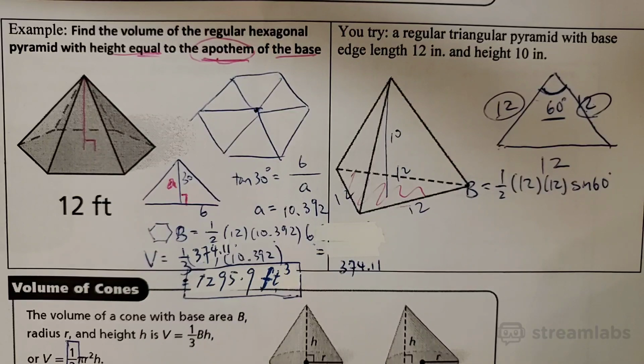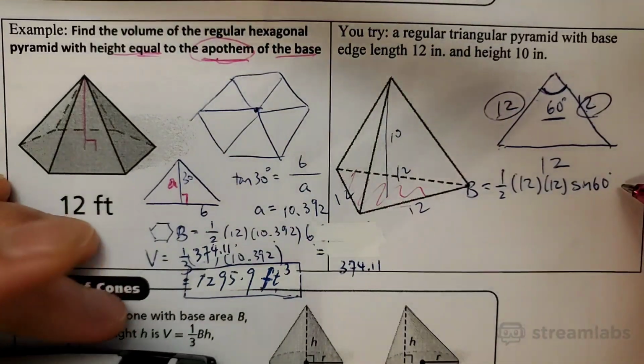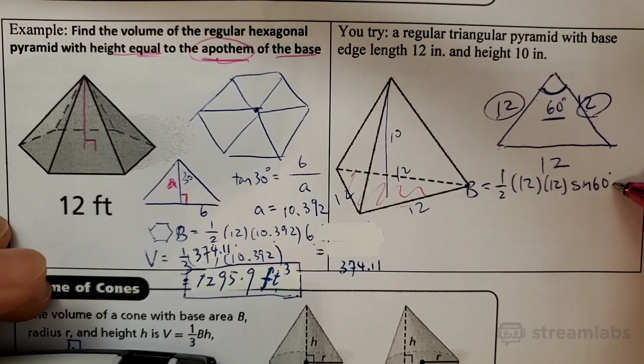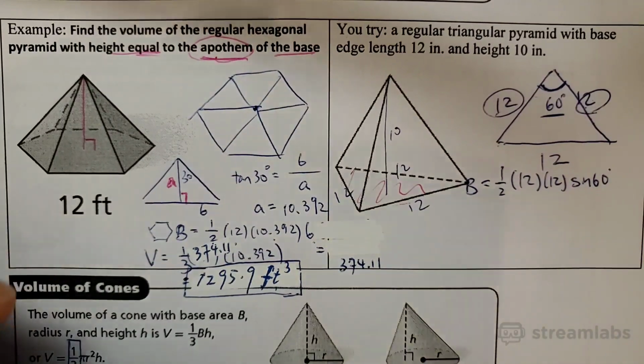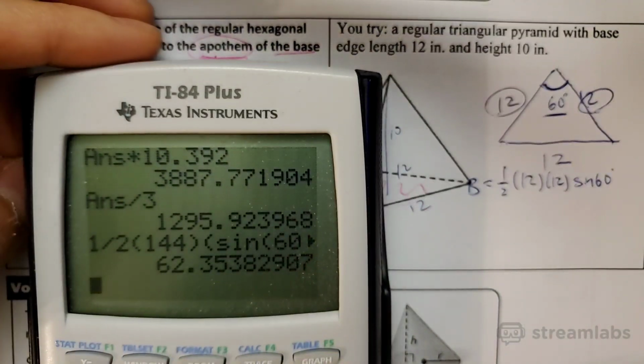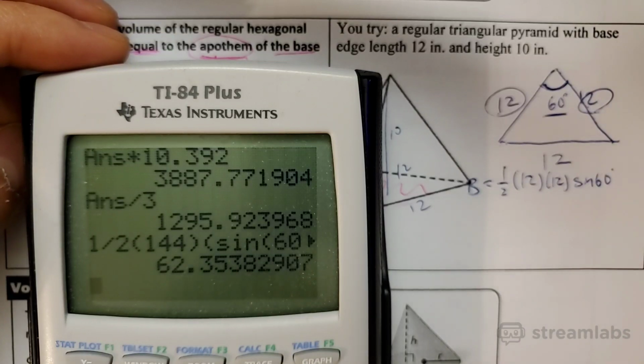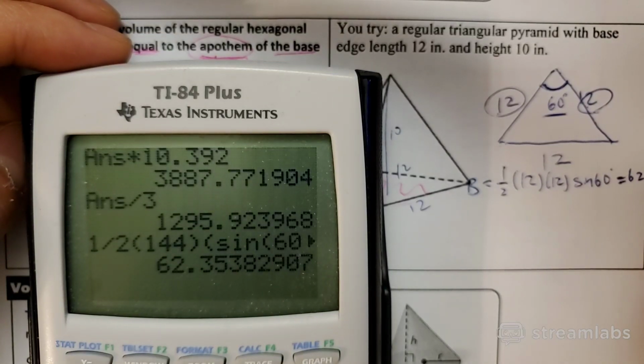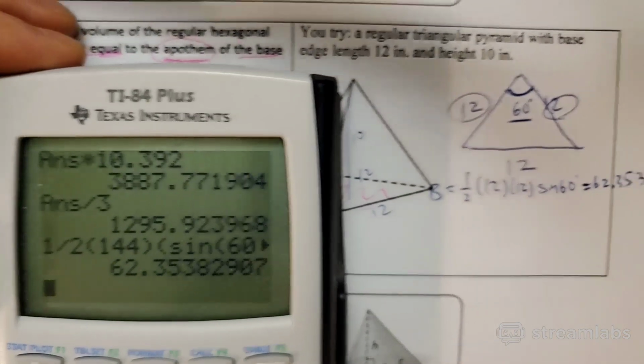Oh, I know why it's different, because my mode is in radian mode. So you get 62. Does that sound right? 62.3 something. 62.35.